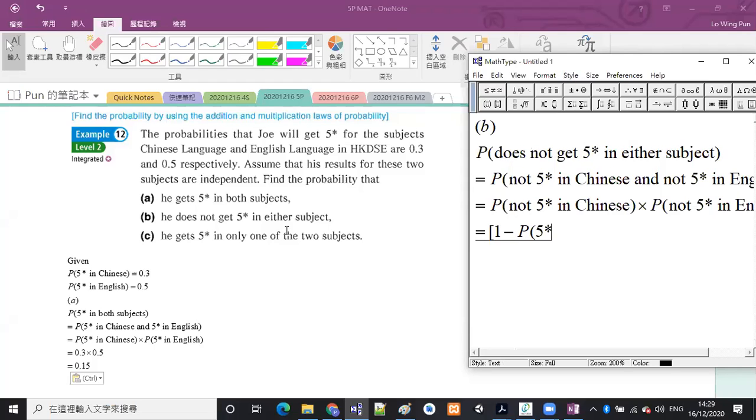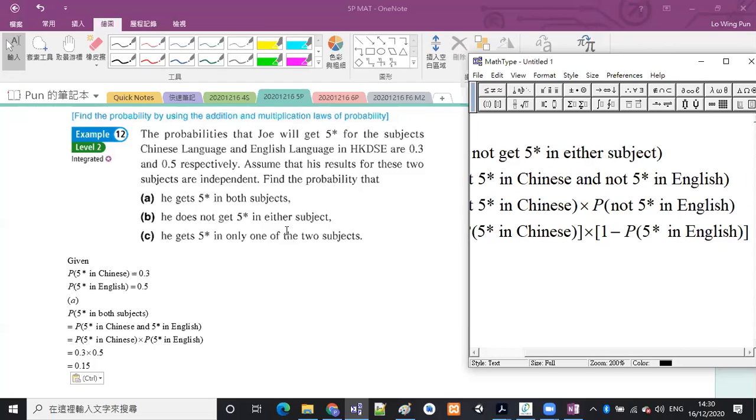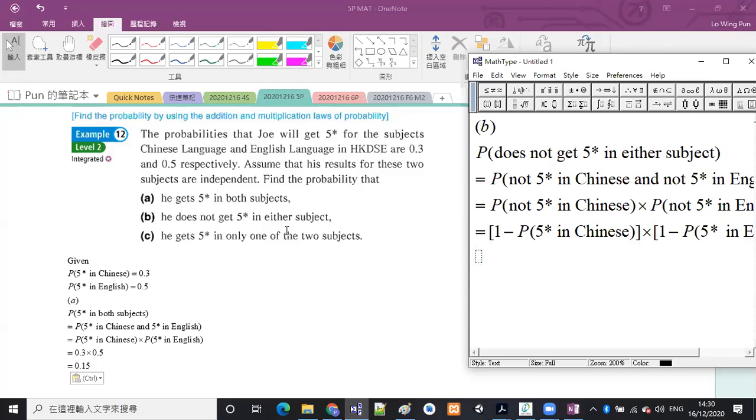The probability of not getting 5 star in Chinese should be equal to 1 minus the probability of getting 5 star in Chinese. Can you get this? And then times the probability of not getting 5 star in English. That should be equal to 1 minus P, the probability of getting 5 star in English. Get it? And then it should be equal to 1 minus, so this one will be the given information.